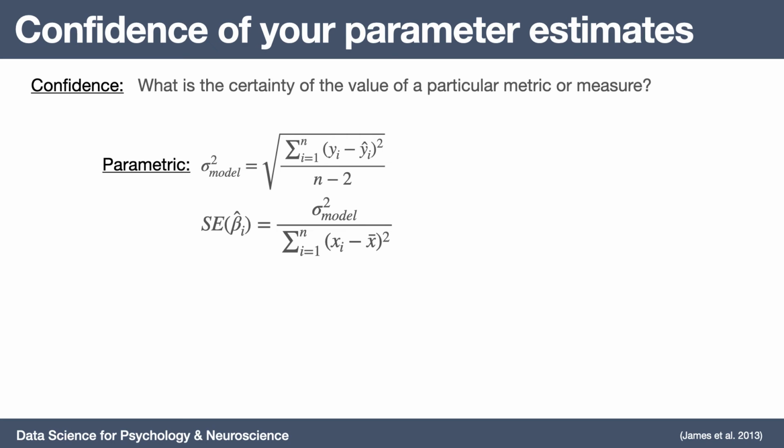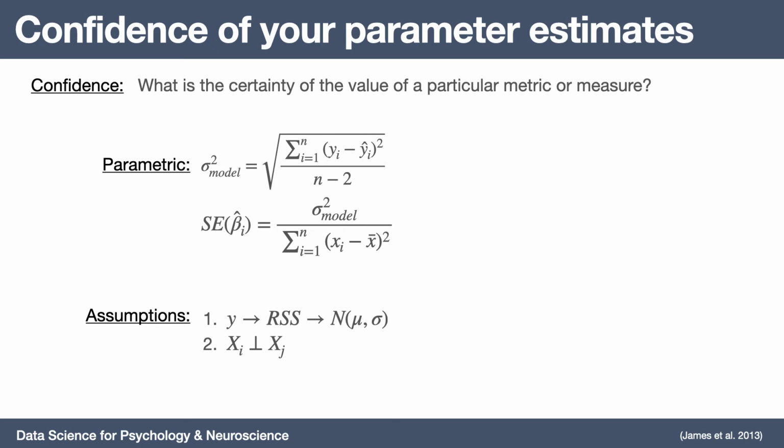So you want to acknowledge the fact that there's some degree of uncertainty in your parameter estimates and try to take that into account. Now in the regression context, this relies on some assumptions, right? We've gone over these before. Critically, in estimating the confidence of a regression coefficient in linear regression context, you're going to assume that y is normally distributed. In other words, the residual sums of squares are normally distributed.